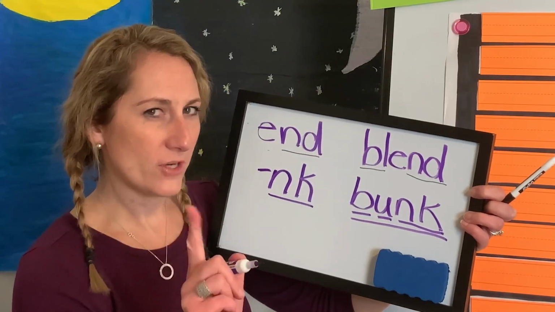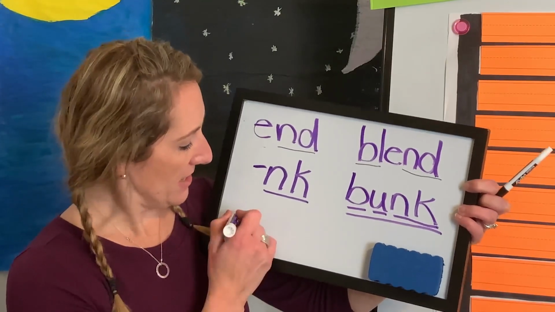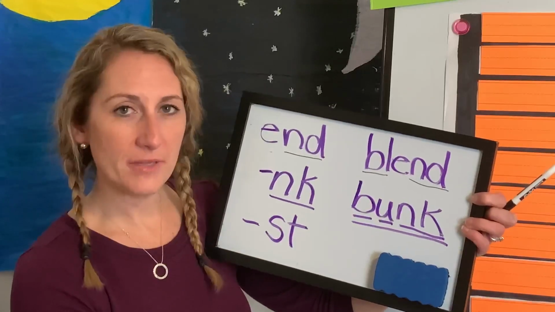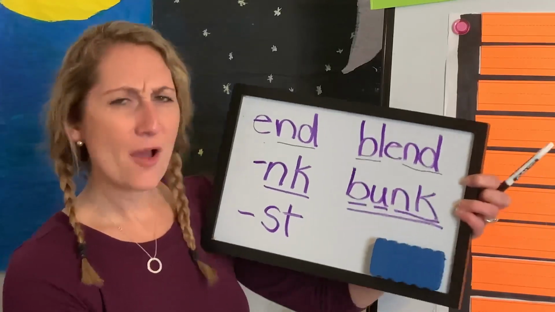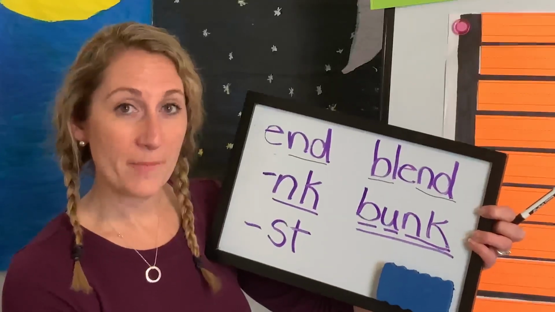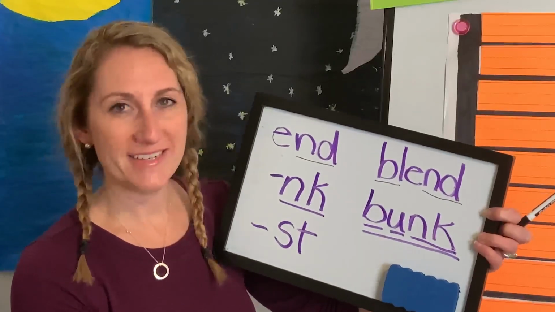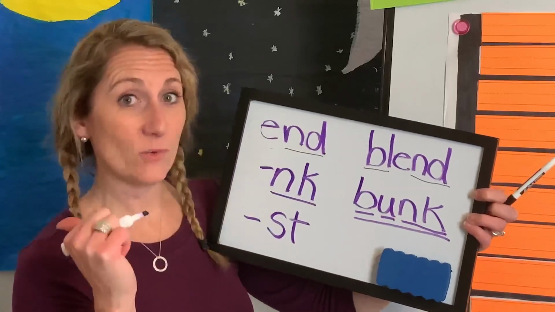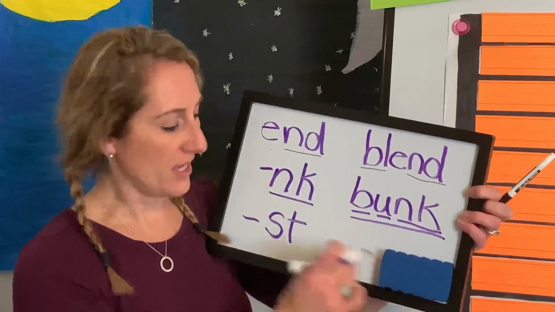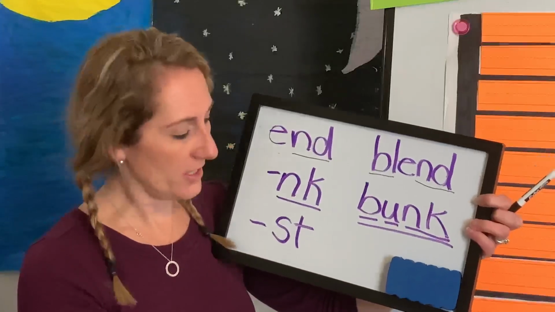I have one more to talk about with you. It's the st blend. Hey, but wait a minute. We've learned about the st before because st is a blend that can be at the beginning of a word or at the end of a word. Today we're going to think about the st at the end of a word.